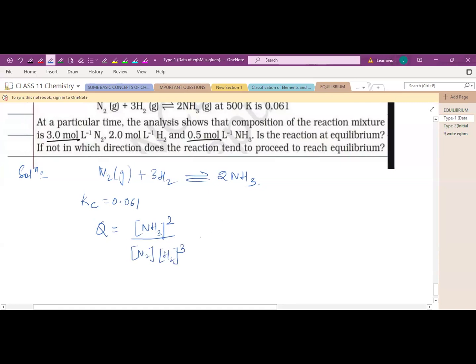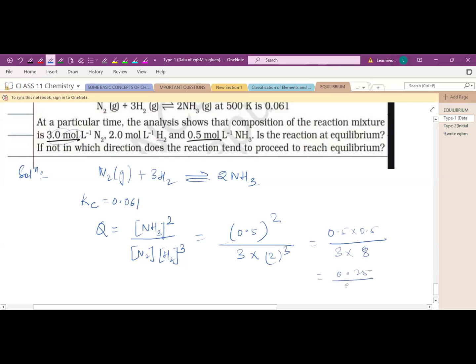Now substitute the concentrations: 0.5 squared, then N2 is 3 mole per liter, into H2 concentration 2 cubed. So 0.5 into 0.5; the calculation is very simple. 2 cubed is 8, and the numerator gives 0.25.